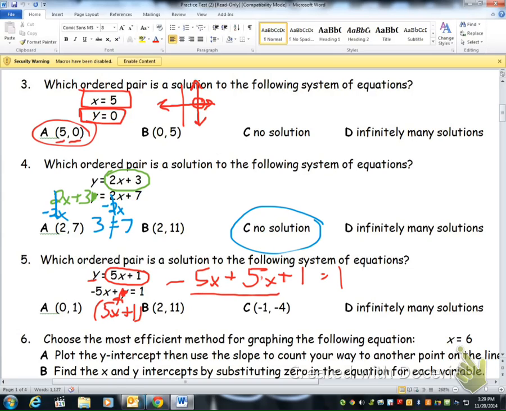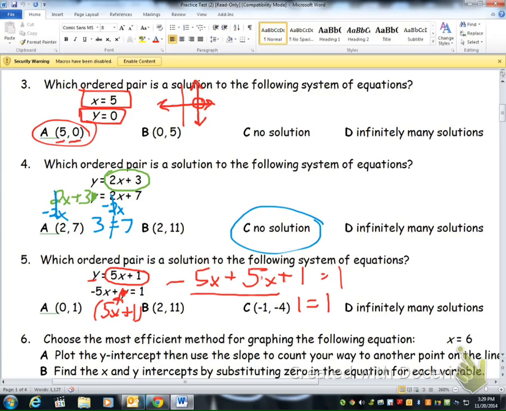So negative 5x and positive 5x is 0. Plus 1 is 1. And so I get 1 equals 1. Well, if you look at that, when does 1 equal 1? Always. Once again, my variable terms all canceled out here, so I'm left with just a number equal to a number.